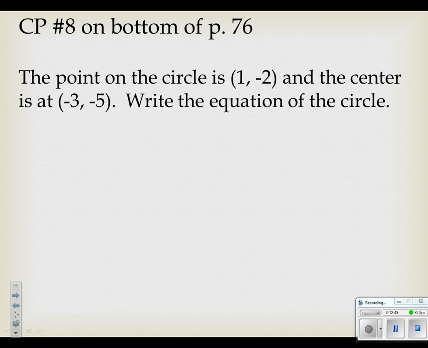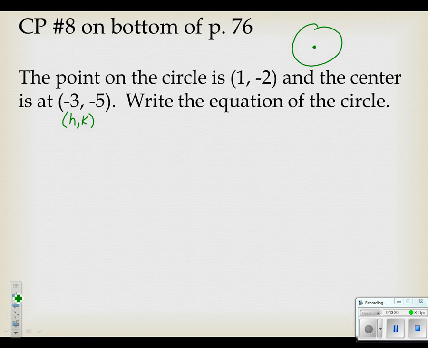So the center is very important to us. That represents our h and our k. So right here we have the numbers that we're going to use for h and k in that standard form of equation. Now, what does the point on the circle help us with? Well, we needed a radius. If we have the center and we have a point on the circle, the distance from the center to that point (1, -2) is going to be a radius. Think about that for a second.